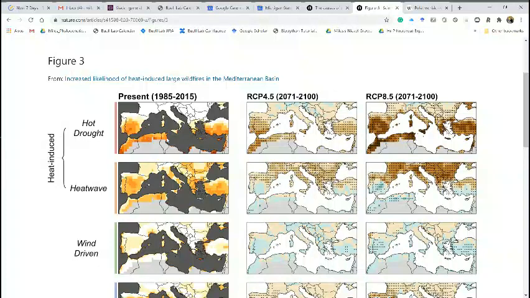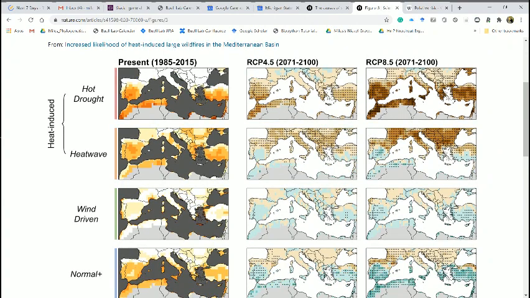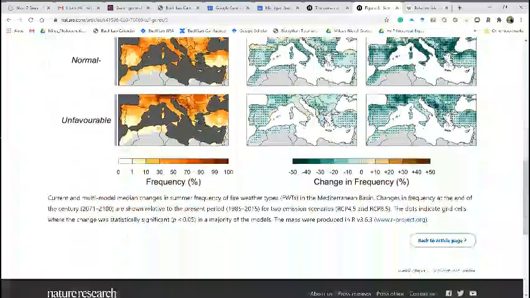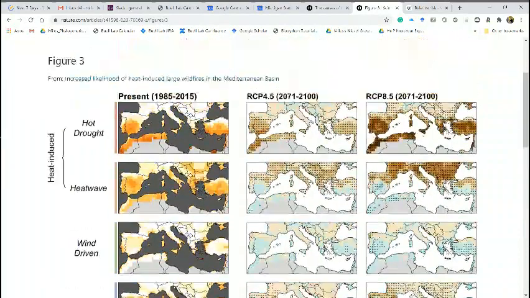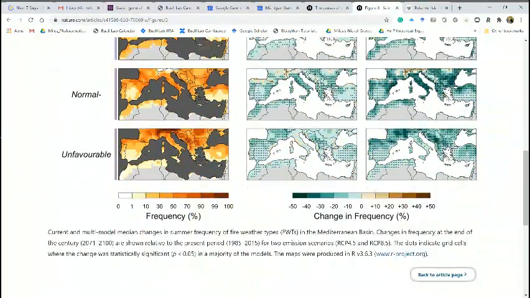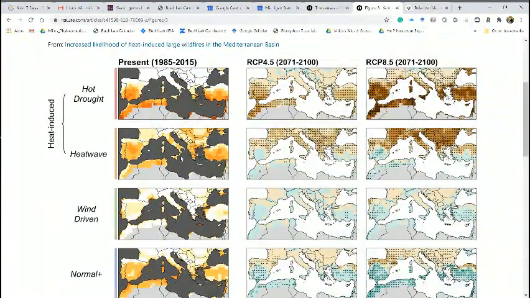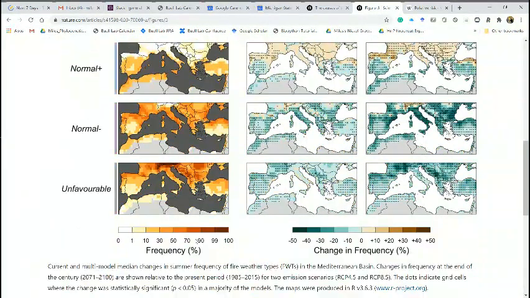Okay, so it looks like we have different colored maps. Mediterranean Basin. Okay, so it looks like they're colored by frequency of wildfire type. So darker colored pixels are regions where this certain type of wildfire cause is more common, or perhaps more likely.